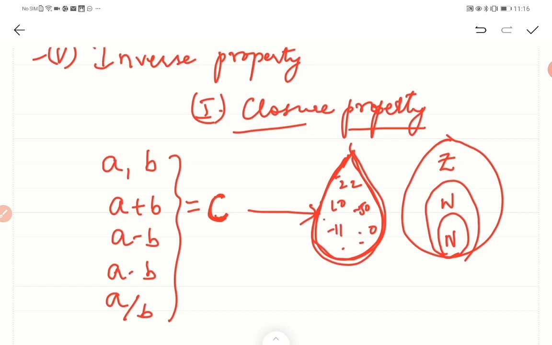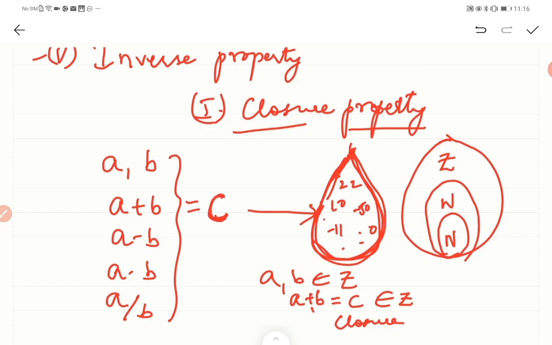That is closure property. That is, A and B belong to this integer set Z. Now if I do the operation A plus B, and suppose the answer is C, then this C also should belong to Z. Then you can say that closure property is true for addition.